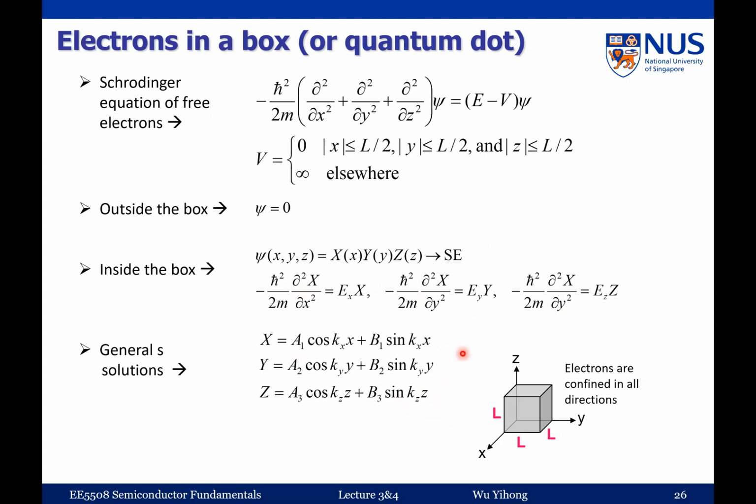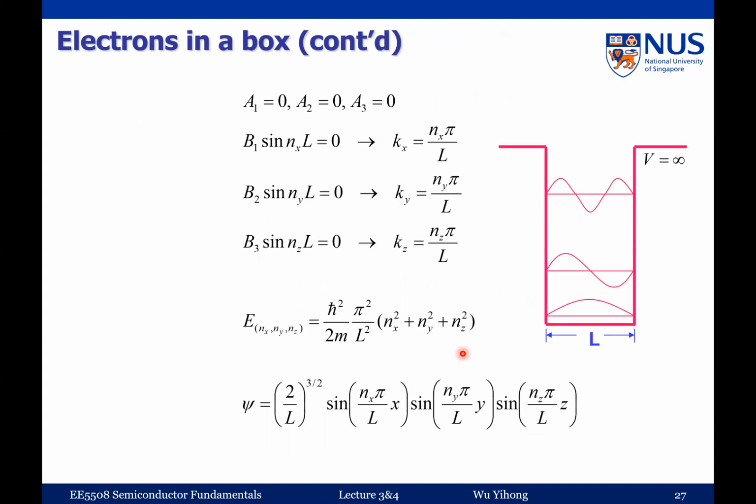And after you apply the boundary conditions, basically when x, y, z are 0, the wave function is 0, and when x, y, z are L, the wave function is also 0, and you get this. So A1, A2, A3 must be 0, and B1, B2, B3 cannot be 0.